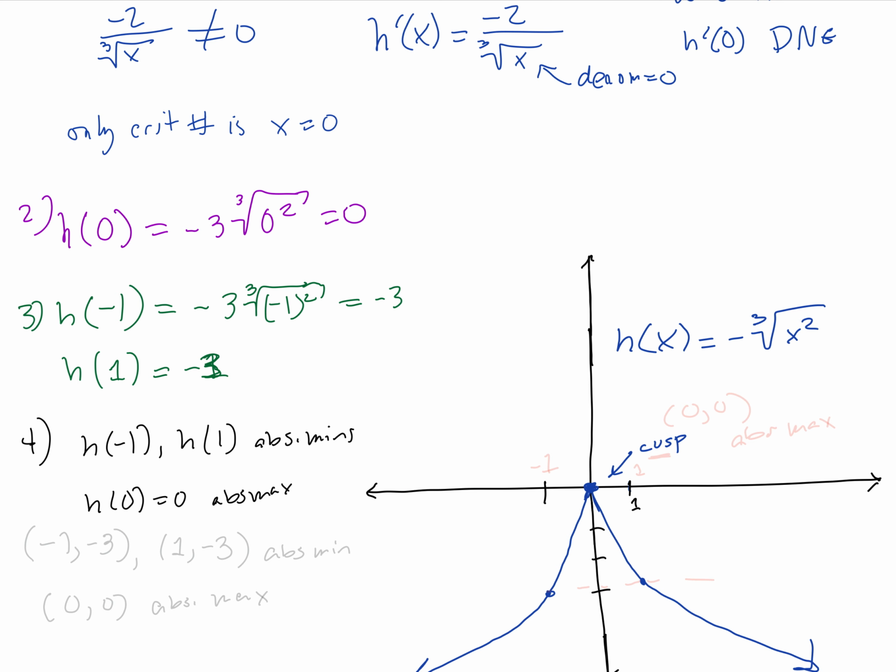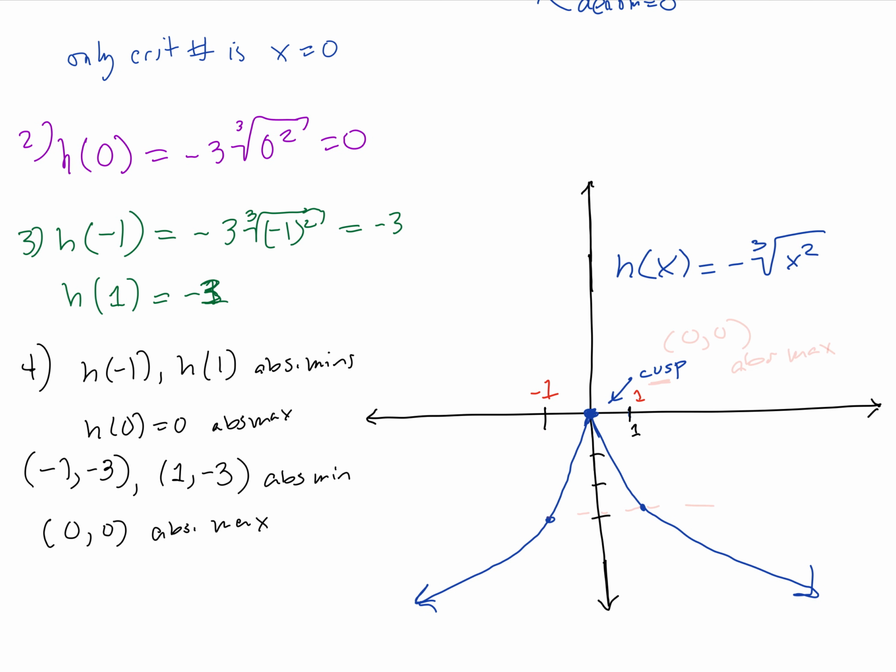If we want to give the entire point for each of those, we see -1, -3 and +1, -3 are our absolute minima, and 0, 0 is our absolute max. Now, if we graphed this function from -1 to +1 over our interval, we would see that yes, these two values are our minima over the interval from -1 to +1.